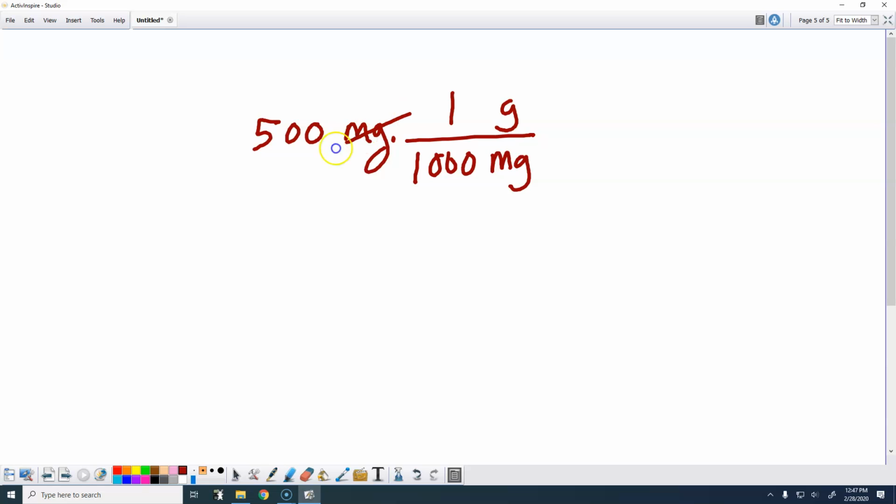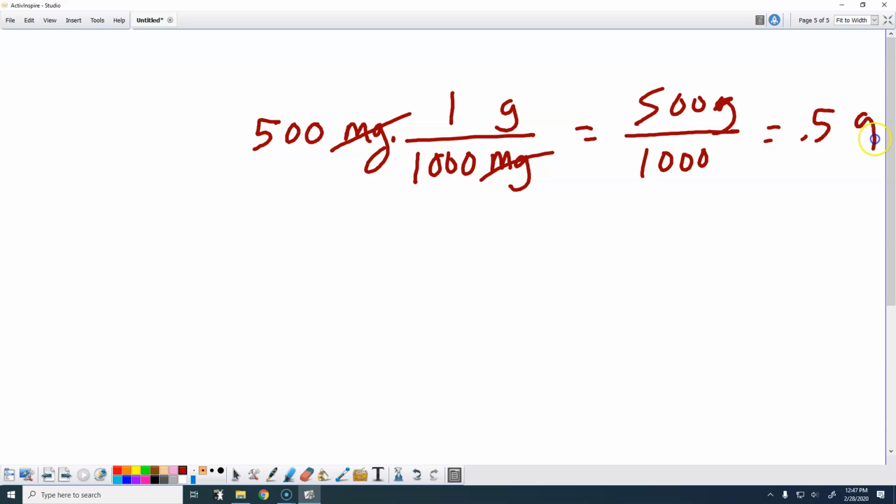Now these cancel, right? And we're left with 500 grams over 1,000, which reduces to 0.5 grams. Cool? So you don't need to write this. This is just an example, but there you guys go.